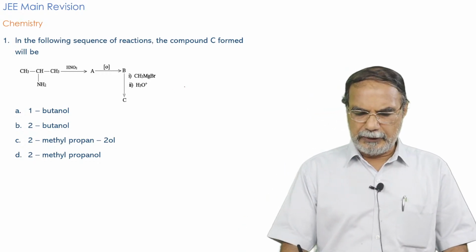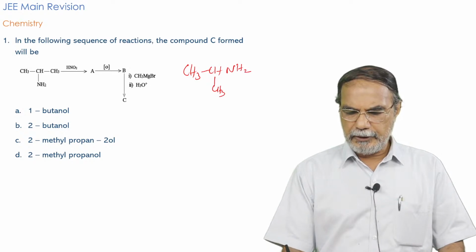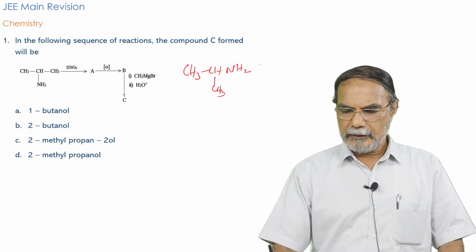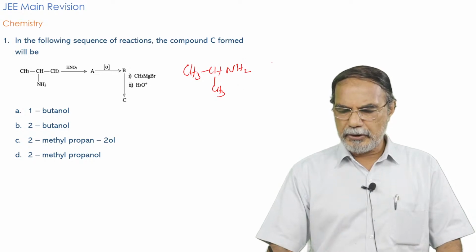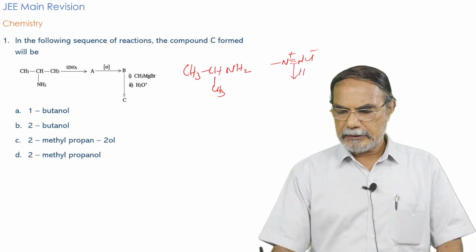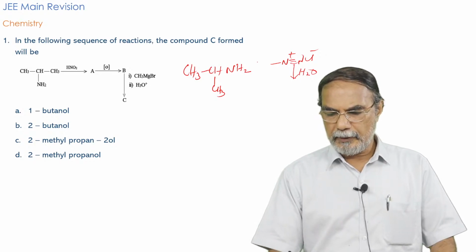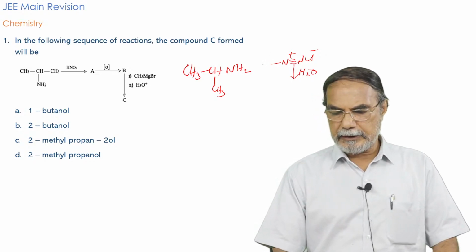I can formulate the reaction like this: CH3, CH, NH2, CH3. So here is the diazonium salt formation, that is N triple bond N positive Cl minus, and the substrate has CH3, CH, CH3 here.